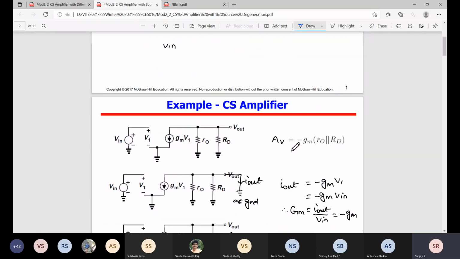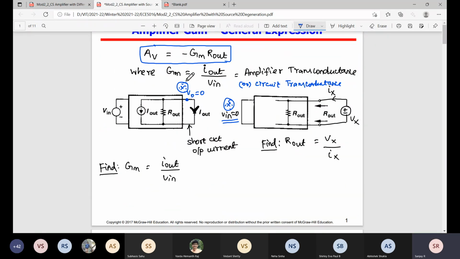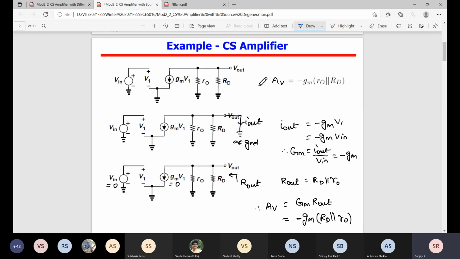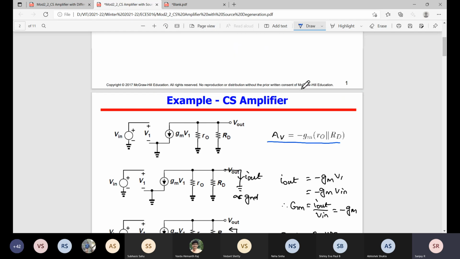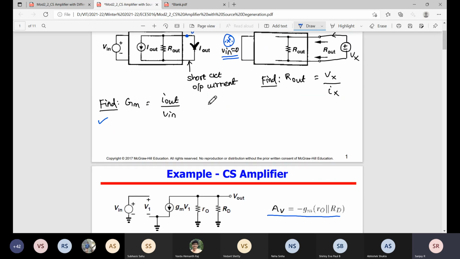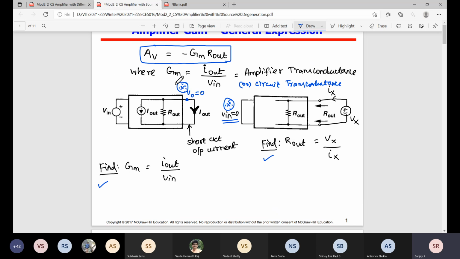Okay. So now we apply this technique to our common source amplifier. You know the common source amplifier gain formula, we already derived. We want to derive this same gain formula, but first we will derive the Gm, then we will derive the Rout, then multiply: Av equals Gm into Rout. Use the Gm formula here, use the Rout formula here, then find the gain.